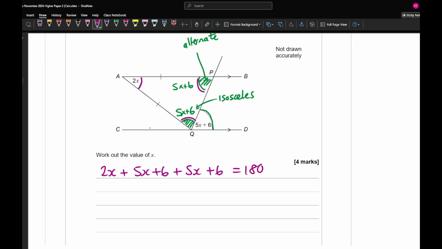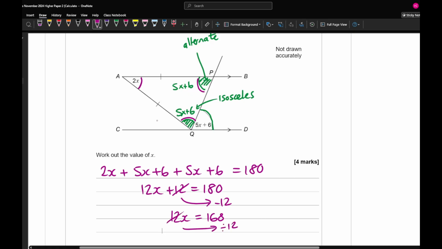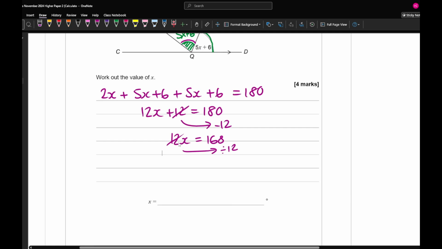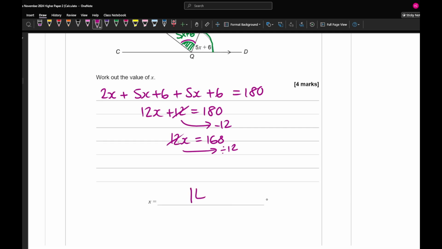Now if I do a bit of collecting like terms, I get 12x plus 12 equals 180, and then all I want to do is solve this equation. So if I take away 12, I end up with 12x equals 168, and then if I divide by 12, that's going to give me 168 divided by 12, which gives me an answer of 14.